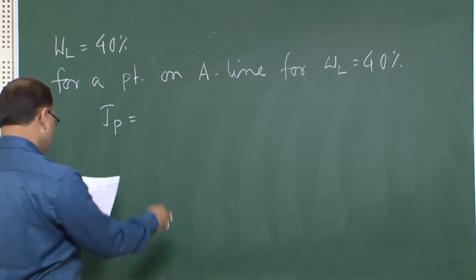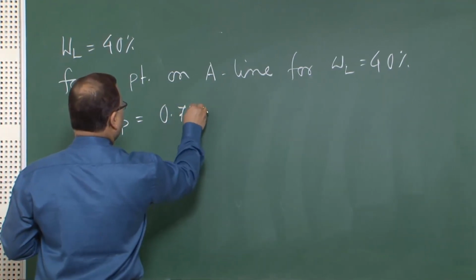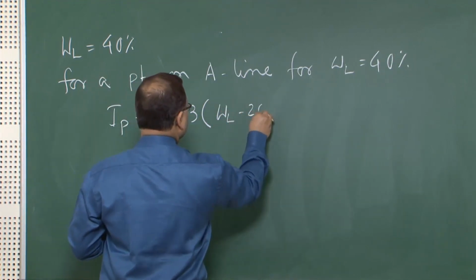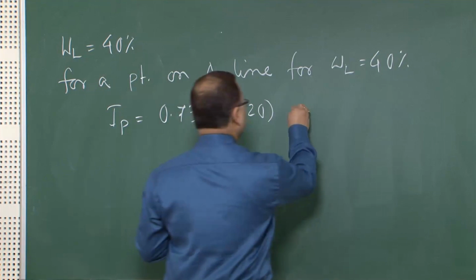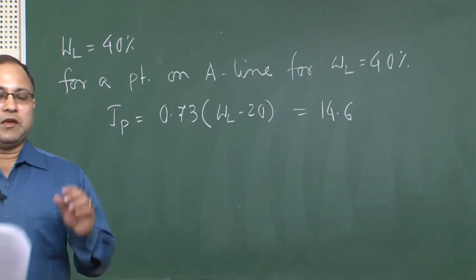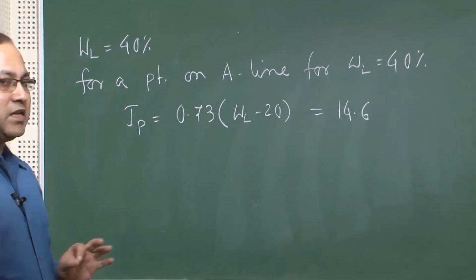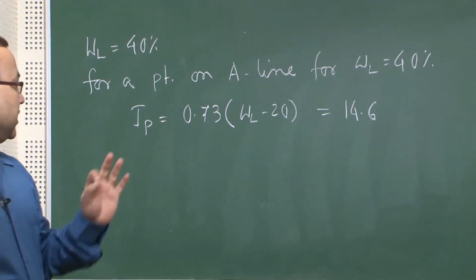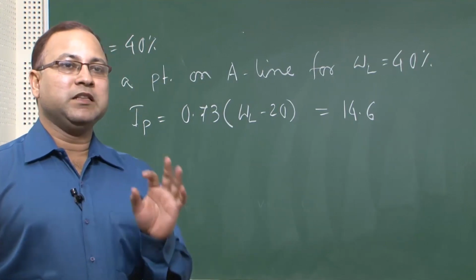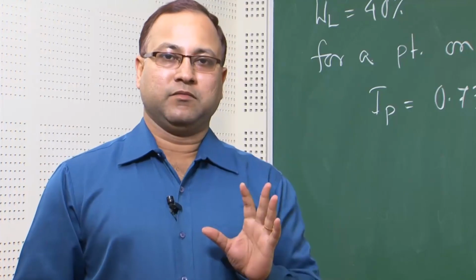If you recall, the equation of A line was 0.73 into liquid limit minus 20. So, from this I will get 14.6. Now, if your liquid limit is 40% and your plasticity index, that is IP, is 14.6, then you will get the point on A line, right.